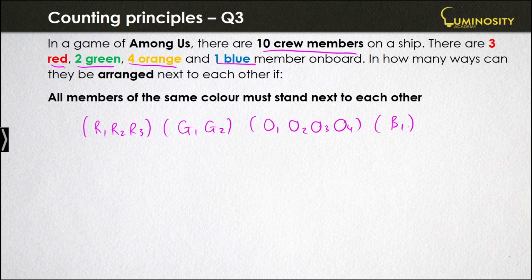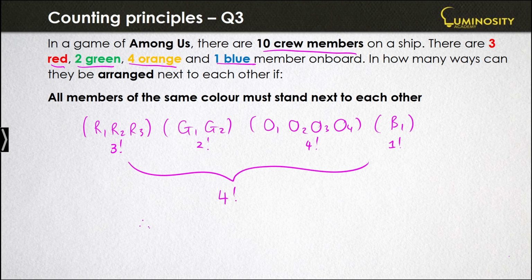Of those 10 people, of those 4 unique colors, the sub-objects, there are 3 factorial ways of arranging the 3 red members, 2 factorial ways of arranging the 2 green members, 4 factorial ways of arranging the 4 orange members, and just 1 factorial way of arranging the blue member. So those are the ways that they can stand within their own group, and then with members of the same color standing next to each other, there are 4 objects, so there are 4 factorial ways.